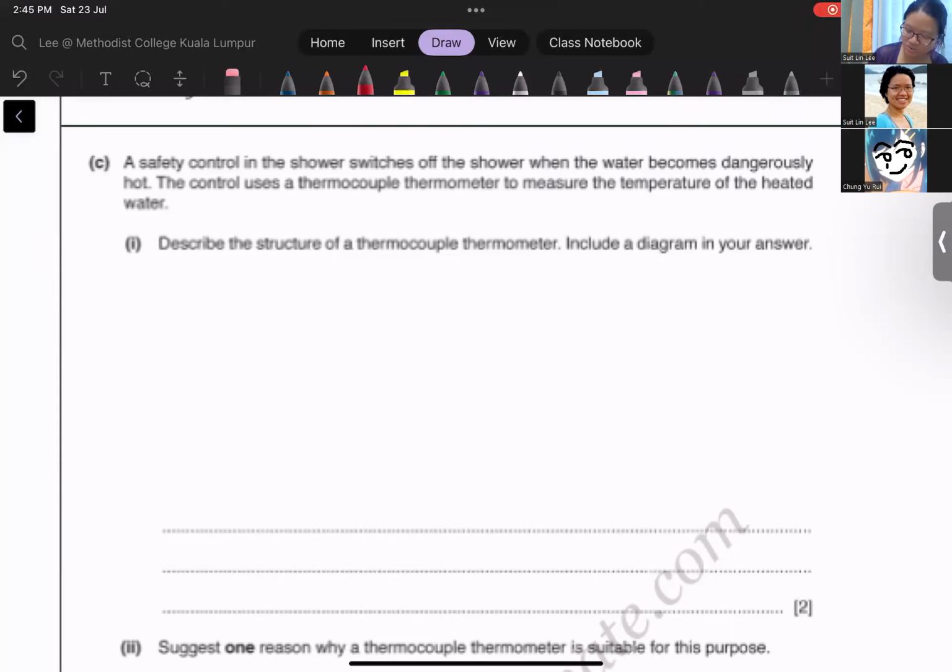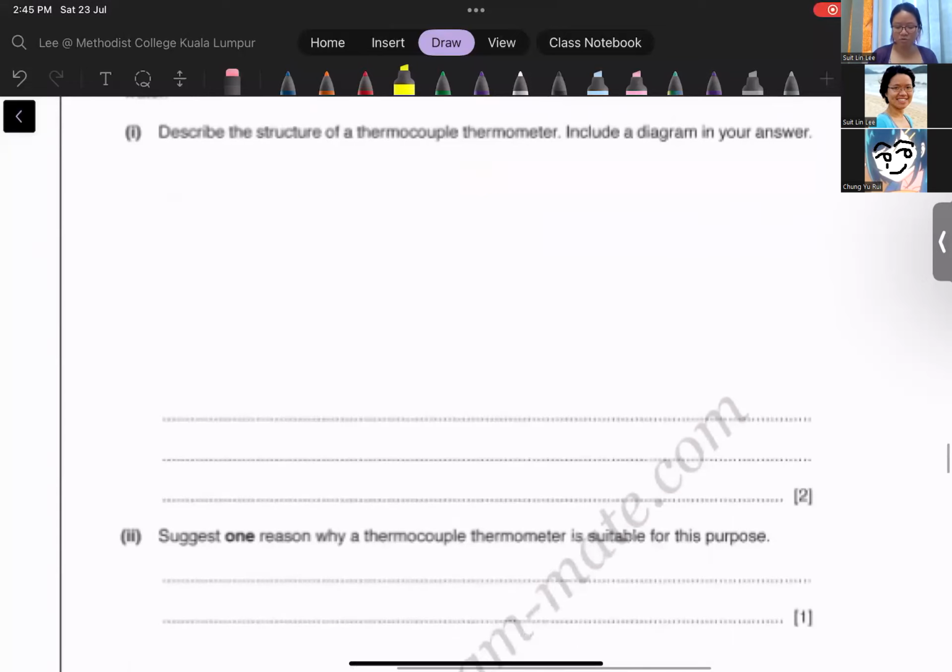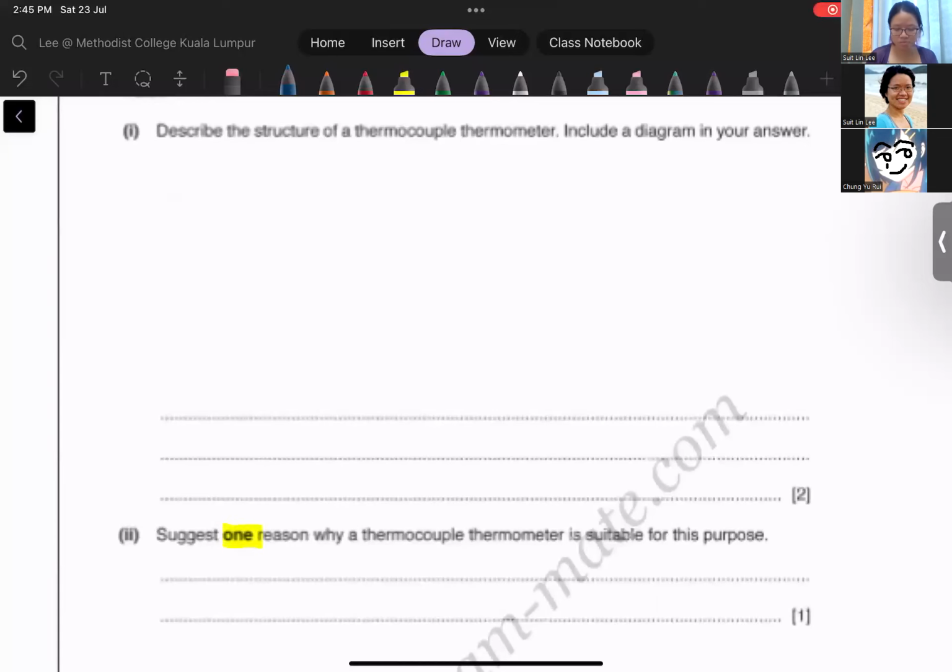This control uses a thermocouple thermometer to measure the temperature of the heated water. I guess that makes sense because you want to turn it off fast, right? So it has a fast response time. So part 2 suggests one reason why we choose a thermocouple, fast response time. So the thermometer, I answer this one first.